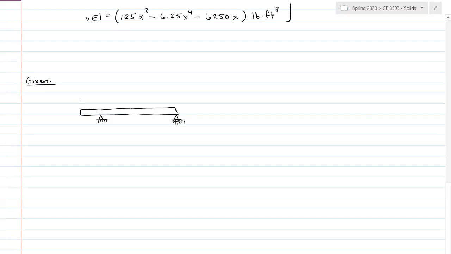I'm going to add on here a 30 kilonewton point load, and the distance between my point load and the pin is 2 meters. And the distance between my pin and my roller is 4 meters.